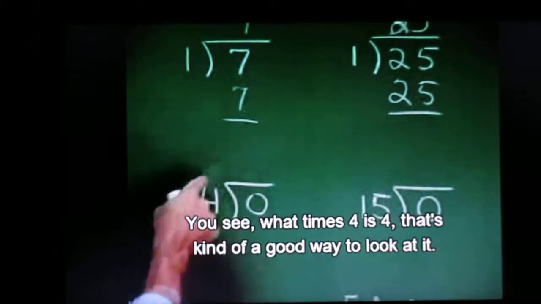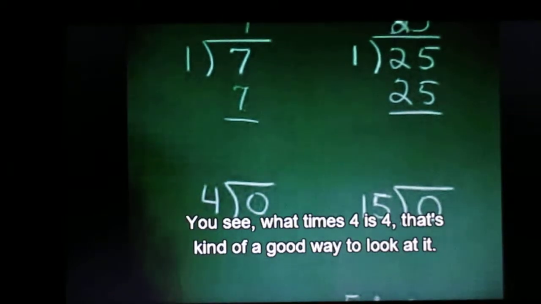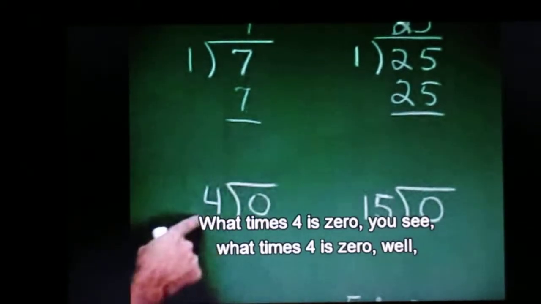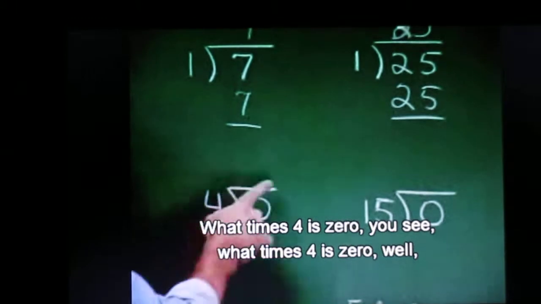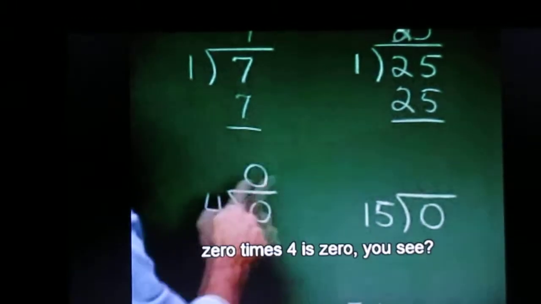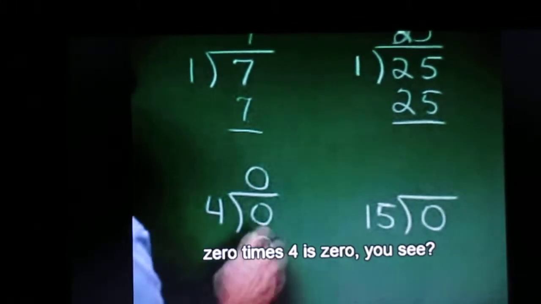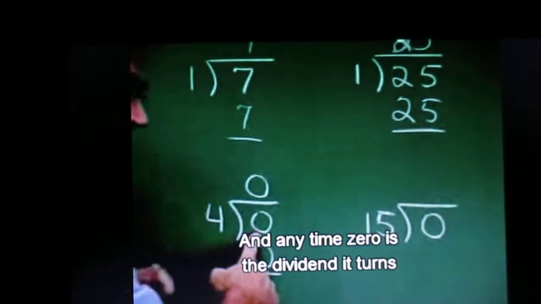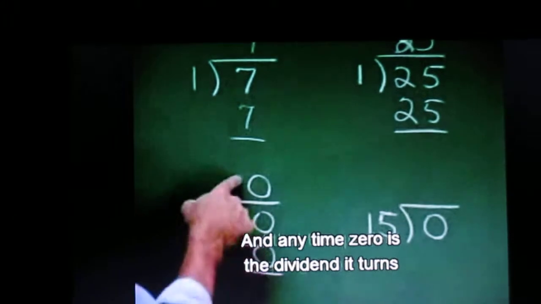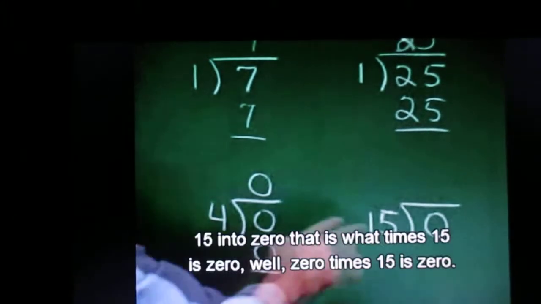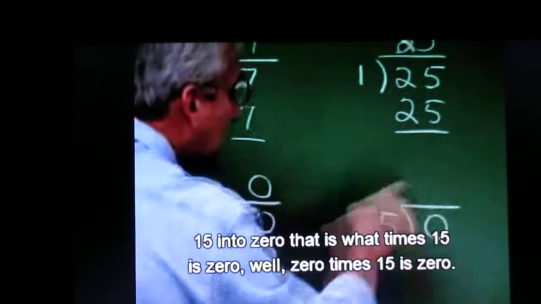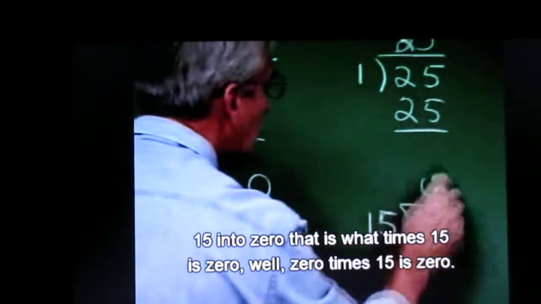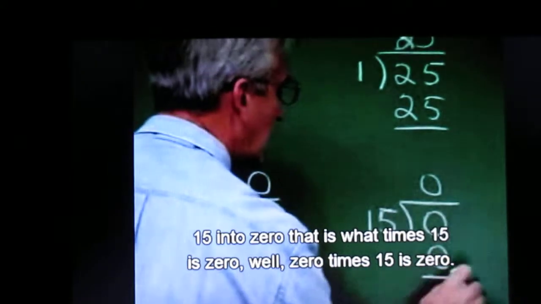You see, what times 4 is 0? Well, 0 times 4 is 0. Any time 0 is the dividend, the quotient is going to be 0. 15 into 0, that is, what times 15 is 0? Well, 0 times 15 is 0.